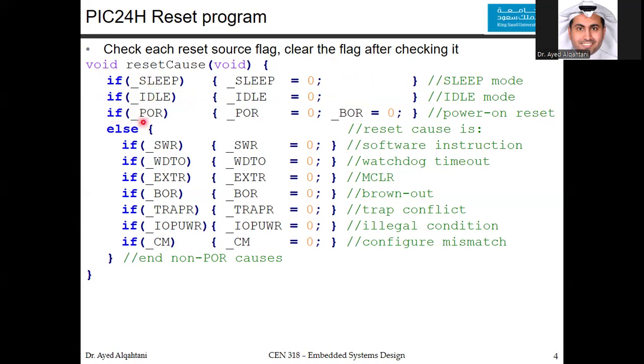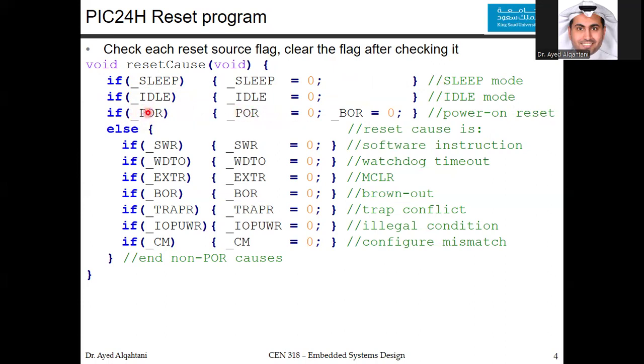Now, if a power on reset happens, you just plugged in the system and the VDD starts to be generated. It moves quickly from 0 to 1, but once it reaches a certain threshold, this flag will be asserted, and it's your job to make it equal to 0.